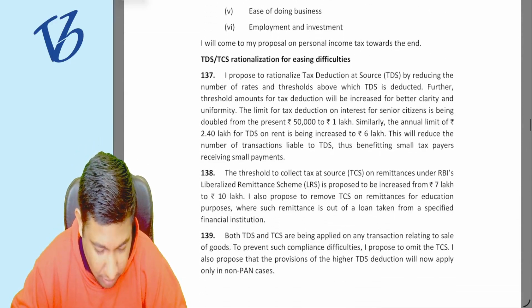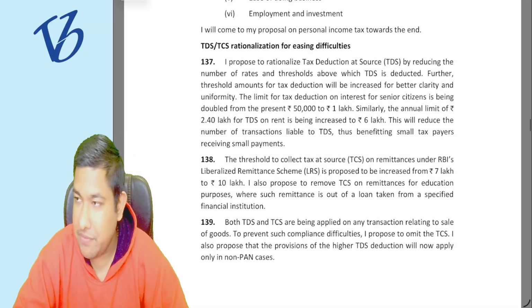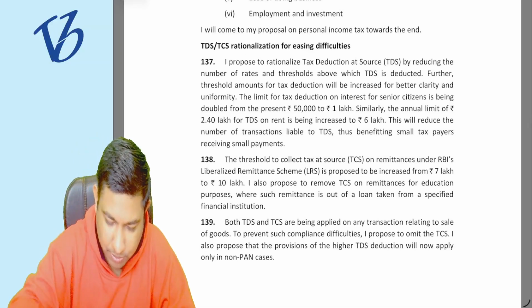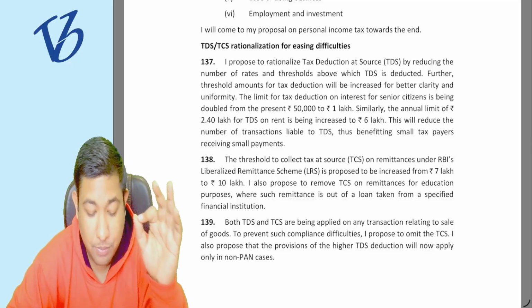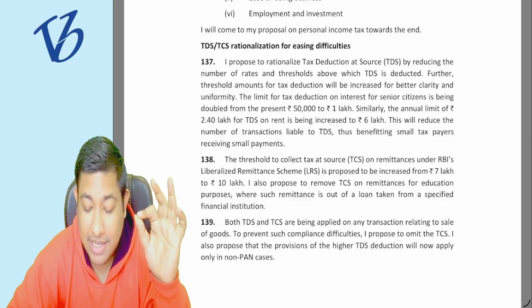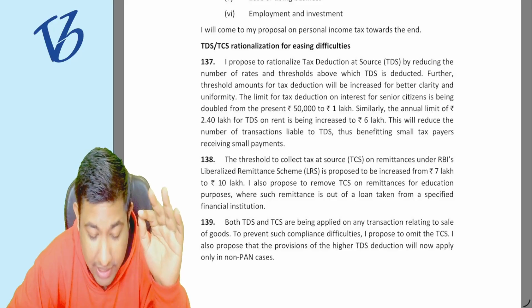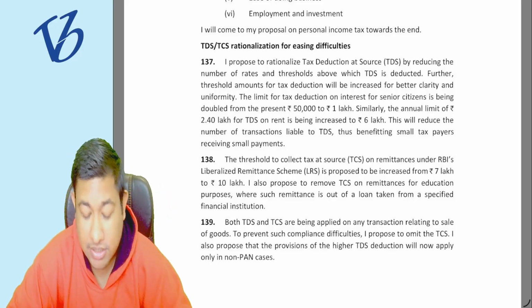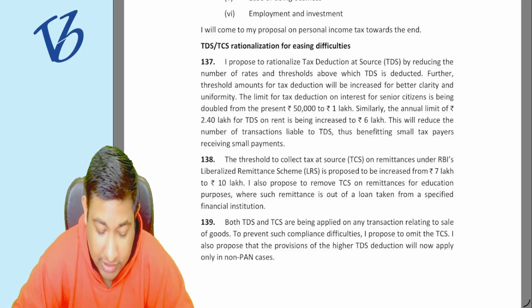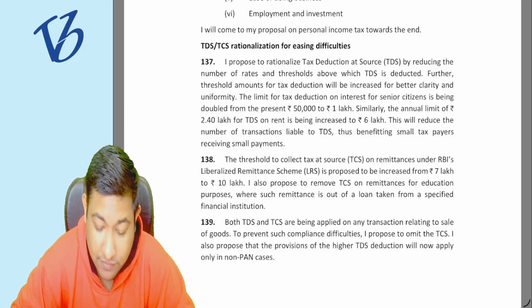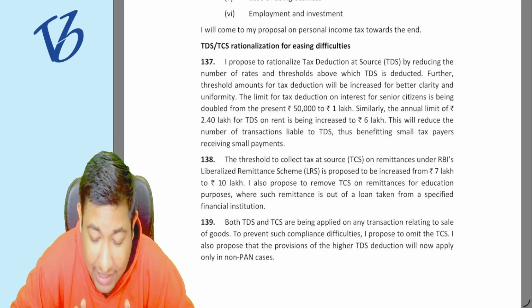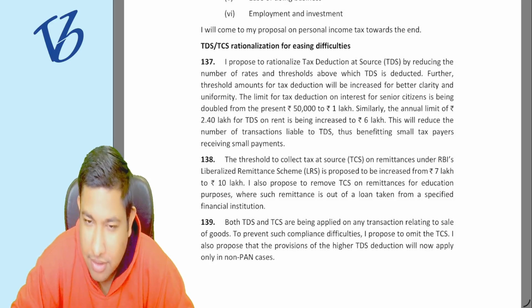Now see point number 137. What she says: "I propose to rationalize TDS by reducing the number of rates and thresholds above which the TDS is deducted. Further, the threshold amount for tax deduction will be increased for better clarity and uniformity."